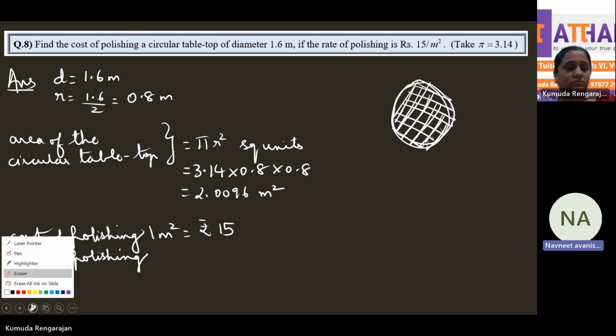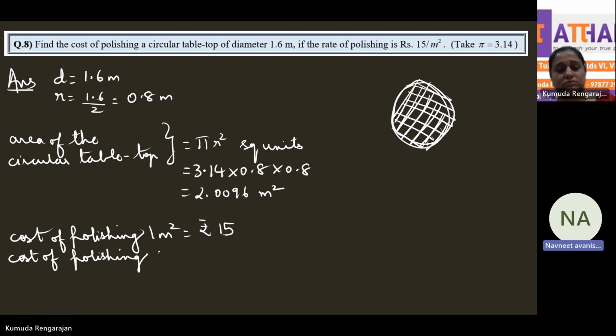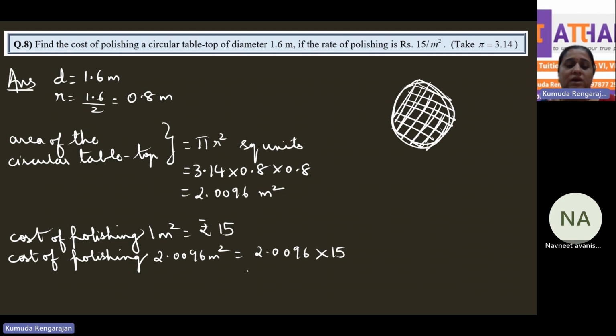Cost of polishing: 2.0096 meter square is equal to 2.0096 into 15. Okay, Avnish, what is the product? Ma'am, the answer is 30.144.